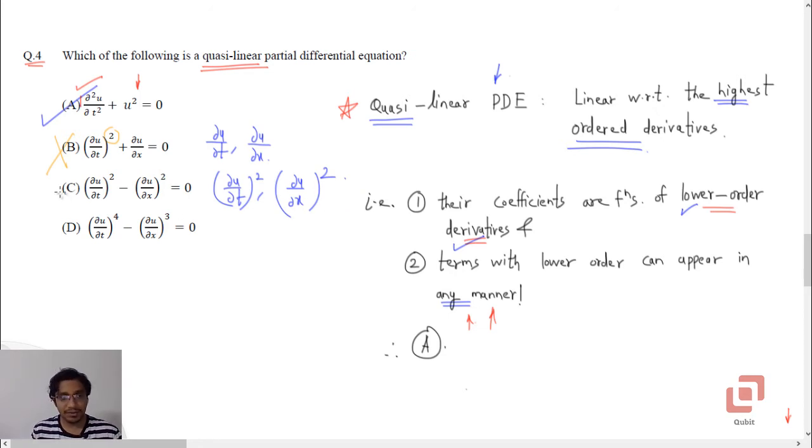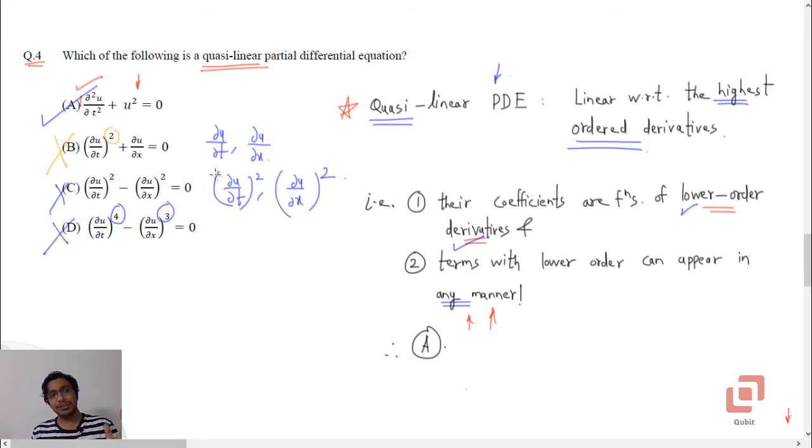So C is also not going to be quasi-linear. Let's go to D. Clearly D is also not a quasi-linear partial differential equation because the highest order derivatives actually possess powers: dabba u by dabba t raised to 4 and dabba u by dabba x to the power 3. So it is not linear with respect to the highest order derivatives. So D is also not right.